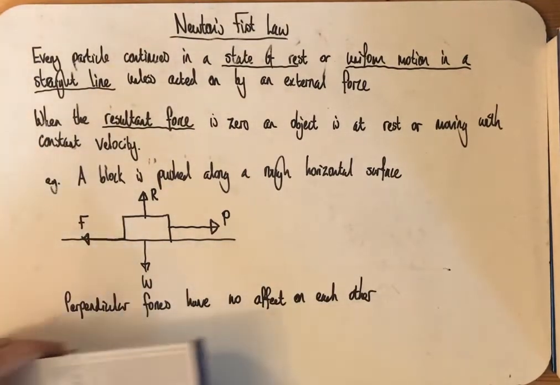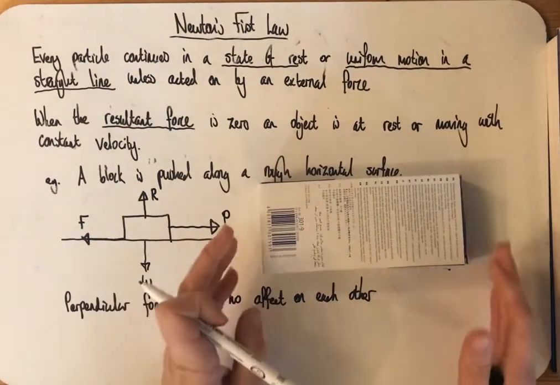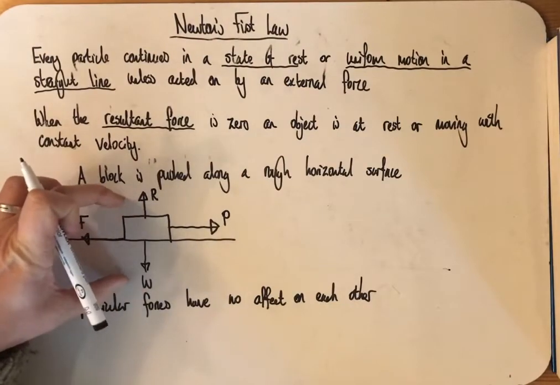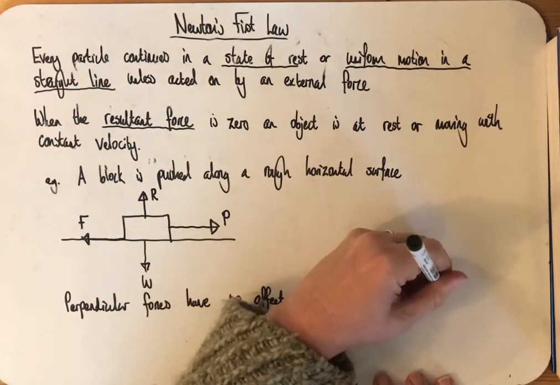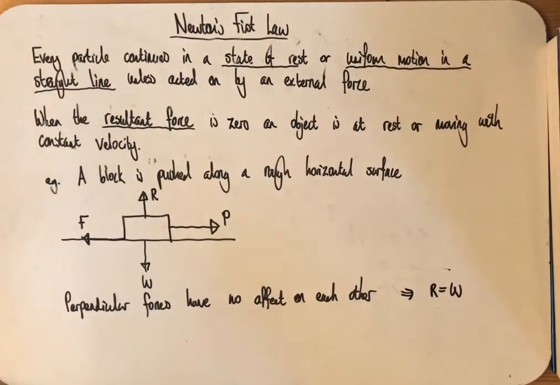Because vertically this box is at rest, then R has to equal W. So that's what Newton's first law is saying.